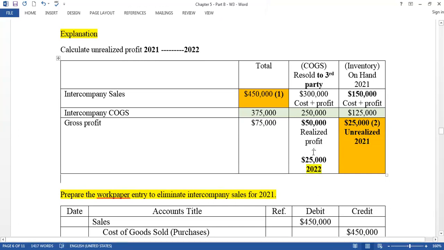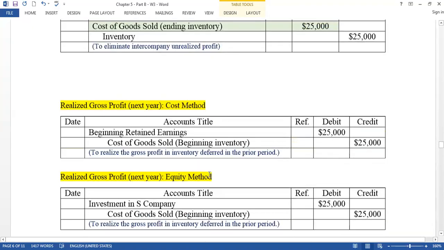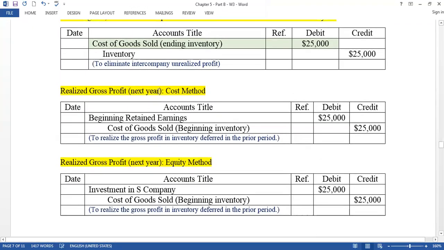You sell it and it is going to add with whom? It is going to add with your realized profit. Why does it become realized? Because you are going to sell it. Although in 2021 not yet sold, when next year came, 2022, then it became a realized profit.